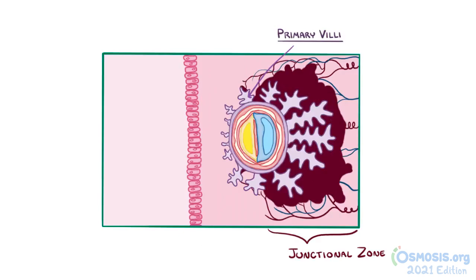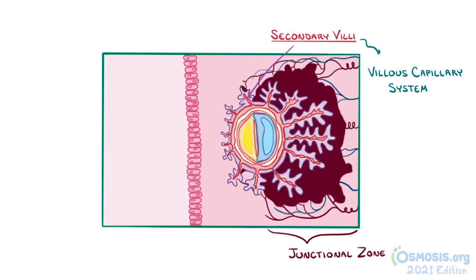In addition, extraembryonic mesoderm cells migrate into the primary villi, forming secondary villi, which differentiate into small fetal blood vessels that collectively form the villus capillary system, which is the fetal contribution to the placenta. At this point, the circulatory link between the embryo and the placenta is firmly established, so that oxygen and nutrients can be pulled in from the maternal blood as soon as the heart starts to beat.